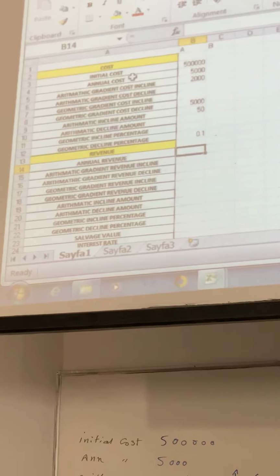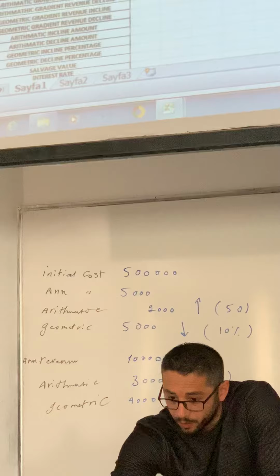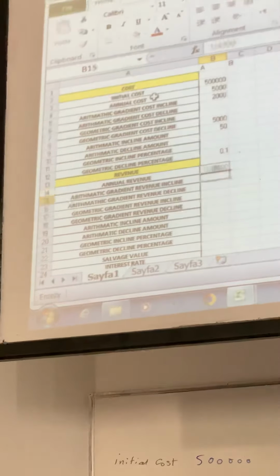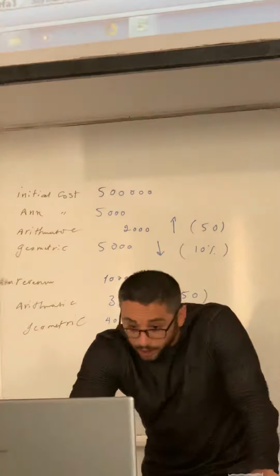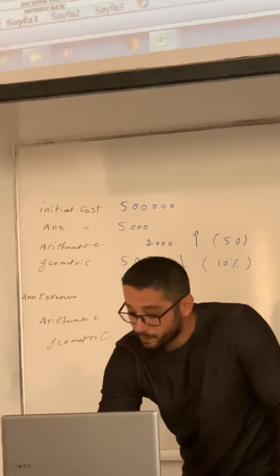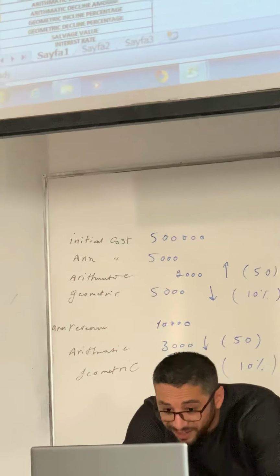Then we go to revenue. Annual, it's 10,000. Then we have arithmetic decline, it's 3,000, and the amount is 50.